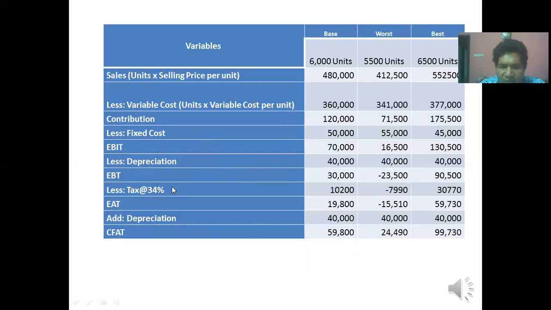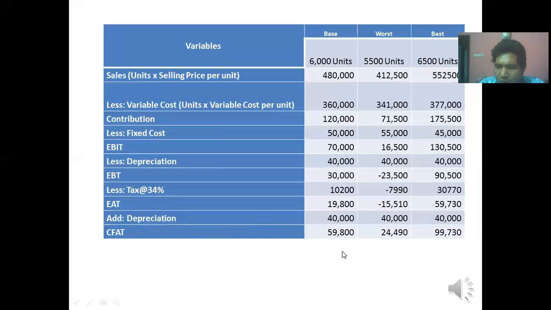EAT is EBT minus tax, earning after tax. To calculate CFAT we have to add depreciation 40,000. So here is the CFAT for three conditions: base, worst, and best condition.